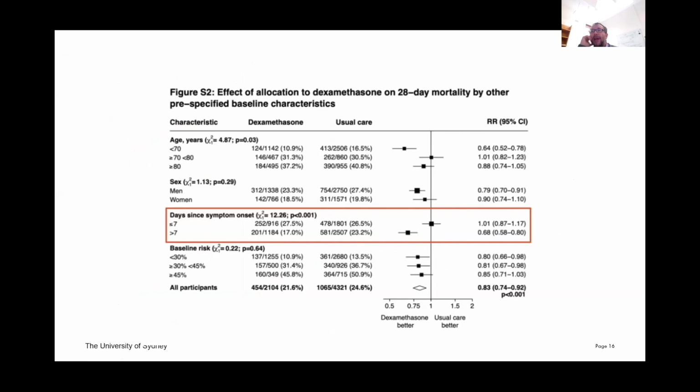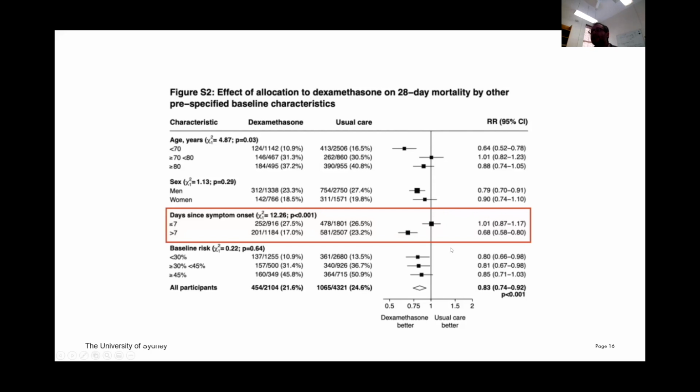And you can split the data up multiple ways, and you can see that there is a suggestion that not everyone benefits from dexamethasone. Patients who are younger appear to benefit, and patients who have been sicker for more than 7 days appear to benefit.